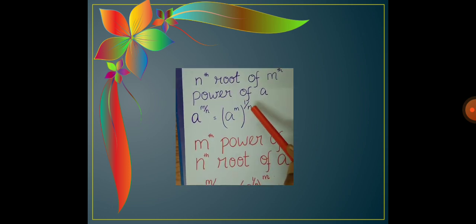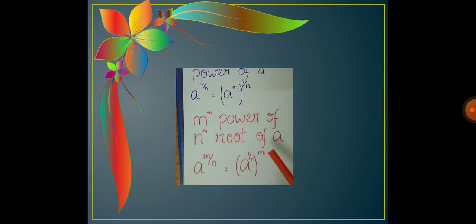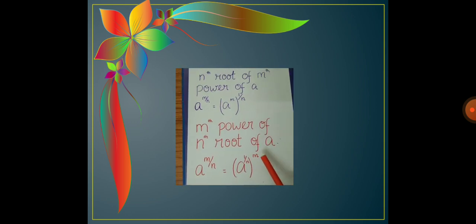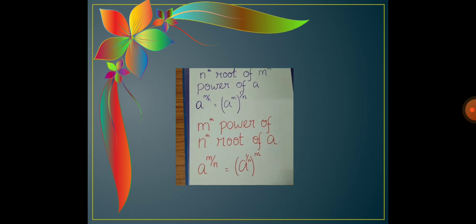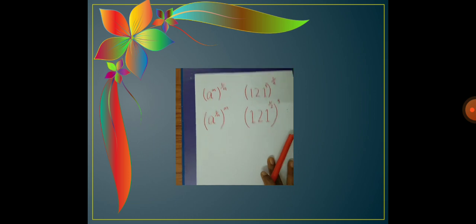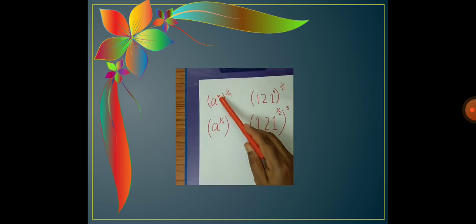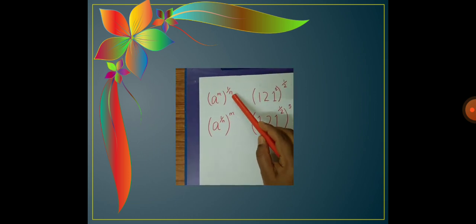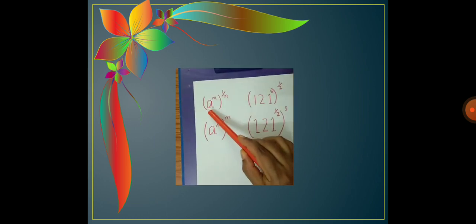So here the root comes first, and here the power comes first. We will see and solve with an example. a raised to the power m by n is what? The nth root of the mth power of a.